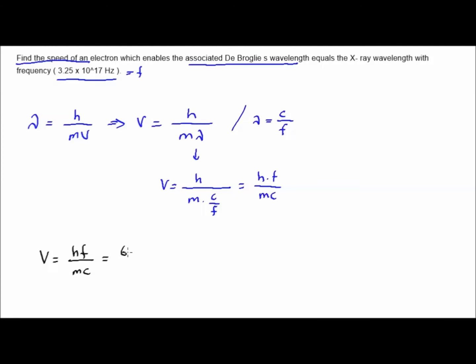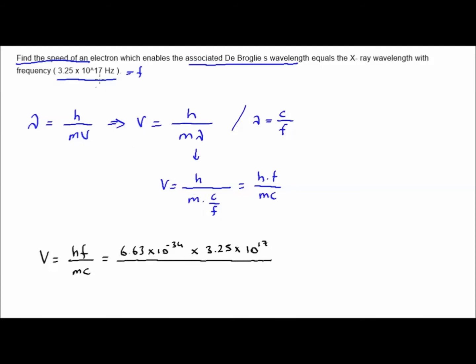H, the Planck constant, is 6.63 times 10 to the power of minus 34, times f, which is given, 3.25 times 10 to 17, over the mass.